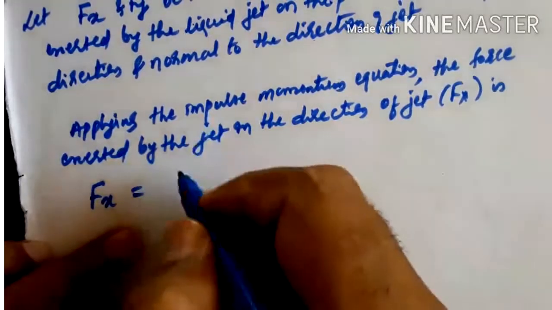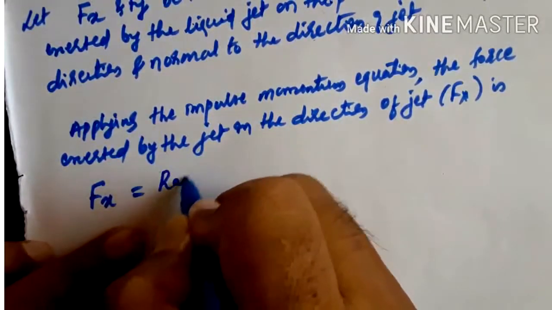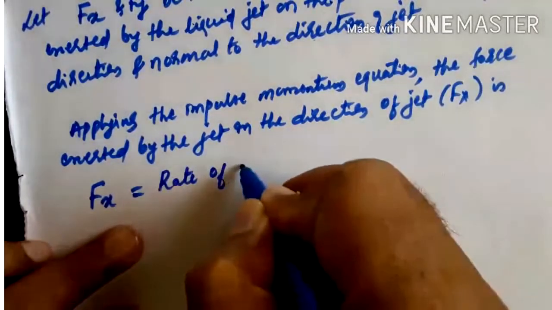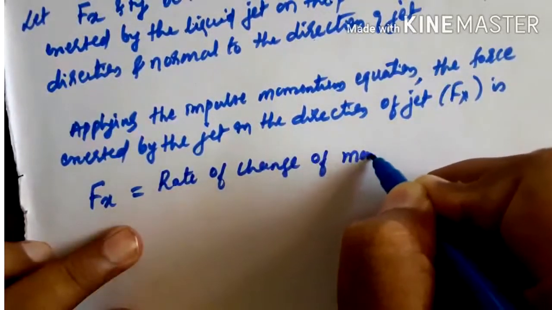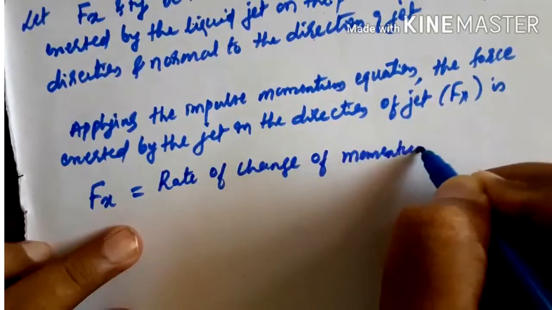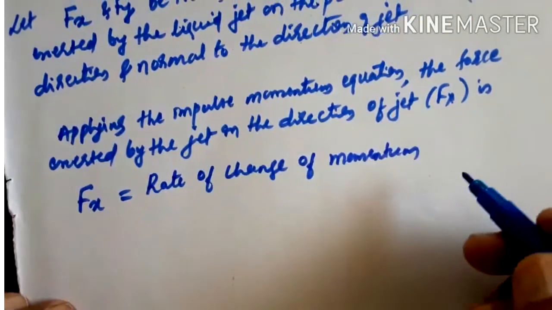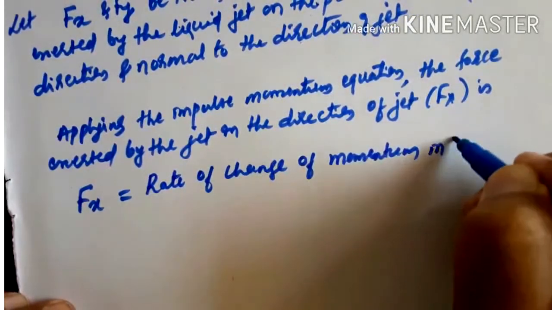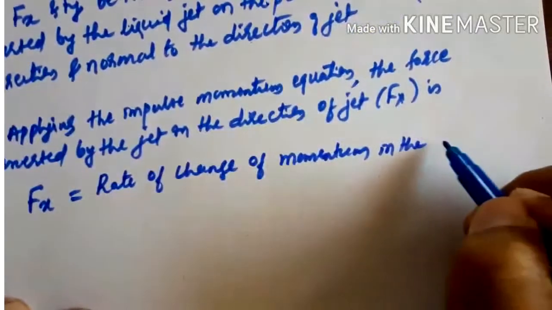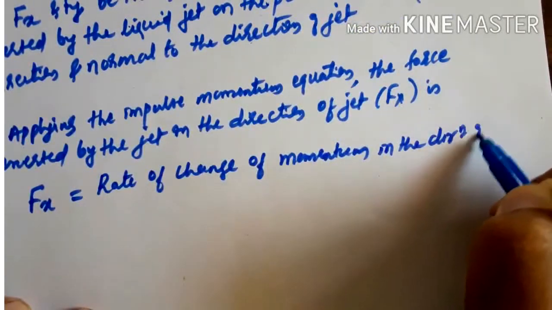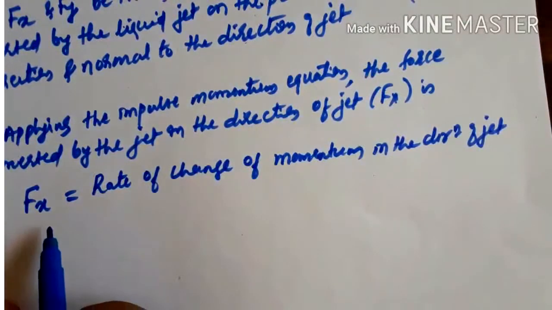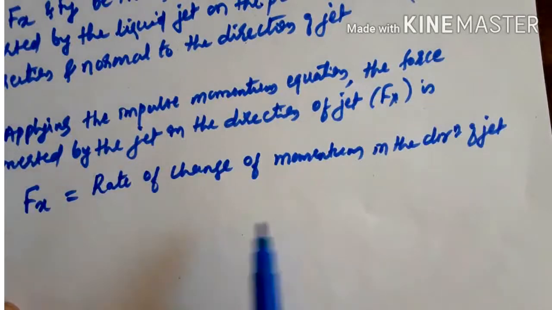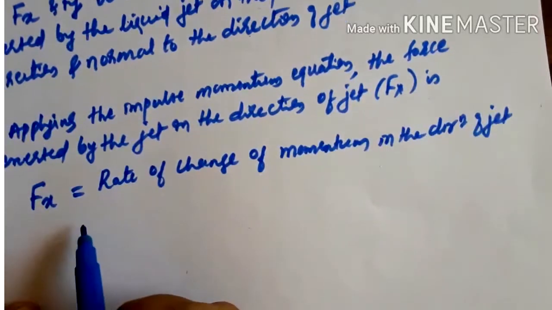So what that impulse momentum equation says is Fx equals the rate of change of momentum in the direction of the jet. In whichever direction the jet is acting, that direction the momentum is to be considered.